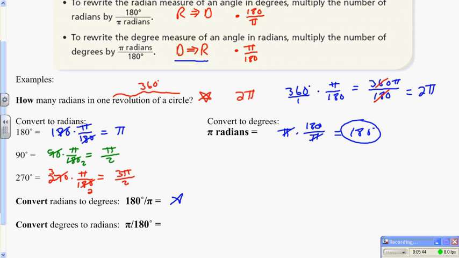I'm not going to say much more about this because we've already discussed this up above in the nice graph we had. If you want to go from radians to degrees, we'd use 180 over pi as your conversion. If you want to go from degrees to radians, put pi over 180 and use that fraction.